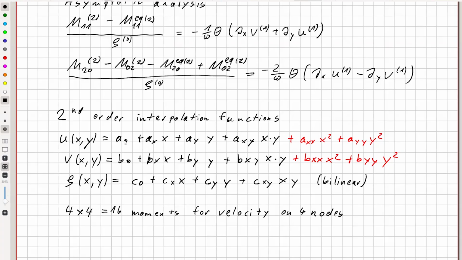However, we need 1, 2, 3, 4, 5, 6 times 2, which is 12 coefficients.